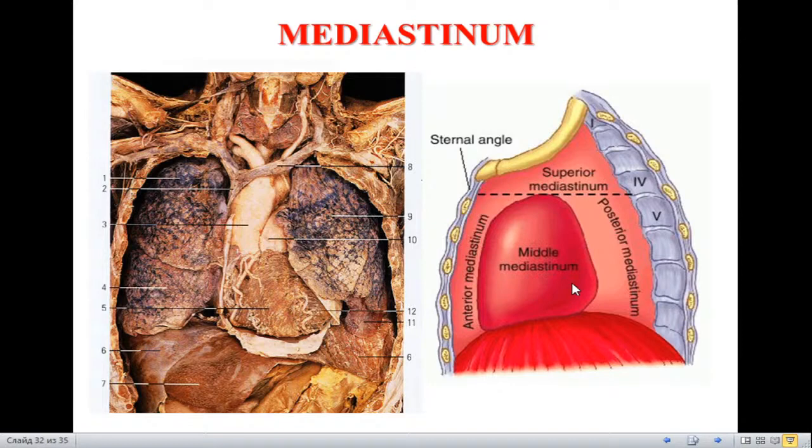In the inferior mediastinum we also subdivide: anterior, middle, and posterior.